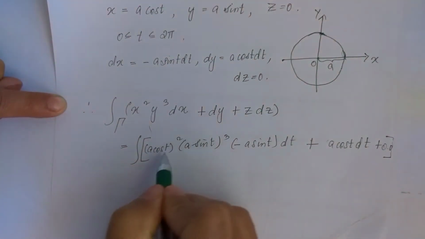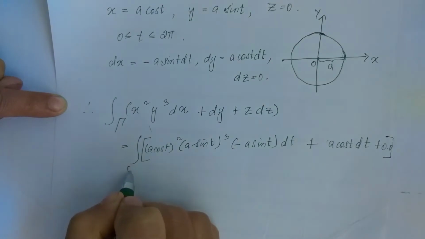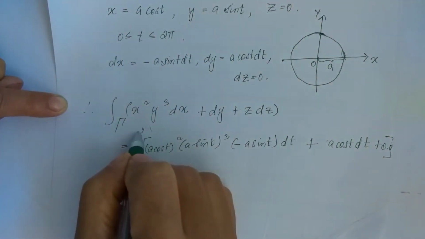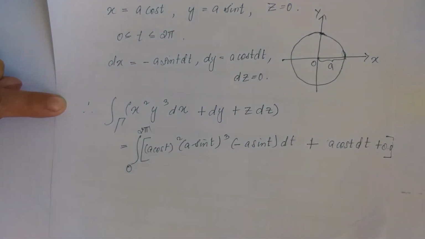Here only the variable t will vary from 0 to 2 pi.